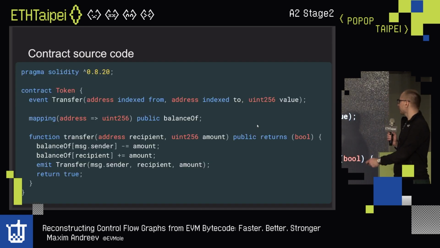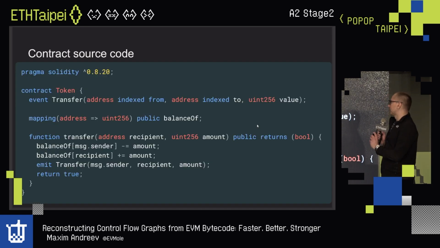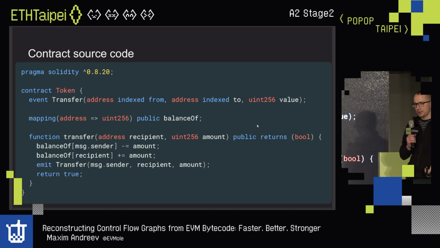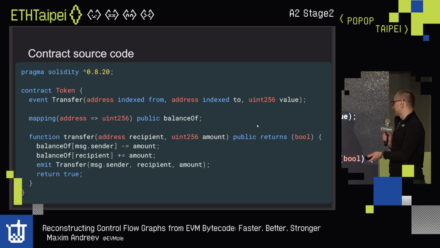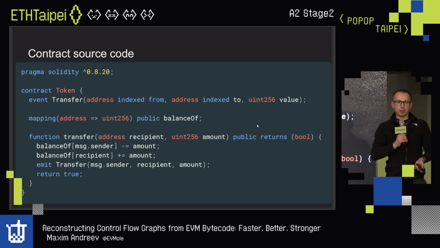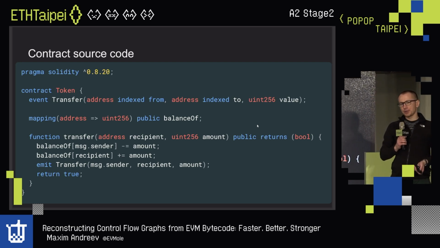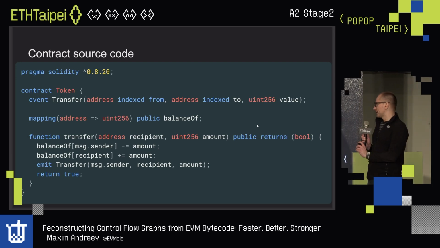So let's start. Here is a basic contract source code. It's Solidity, a simple token with only a transfer function. All examples in my presentation will be based on this contract.